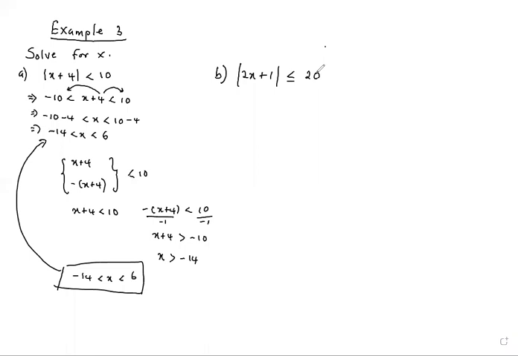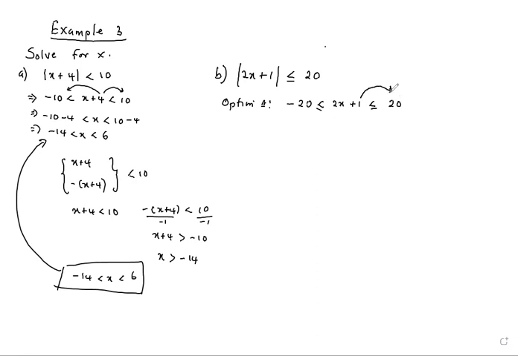We are saying we have two options to make. Option 1, if you want, you can solve it using option 1, where you get -20 to be less or equal to 2x plus 1, which will also be less or equal to +20.